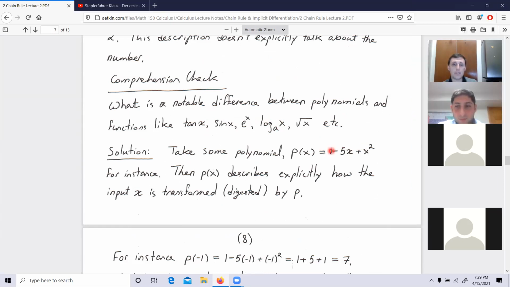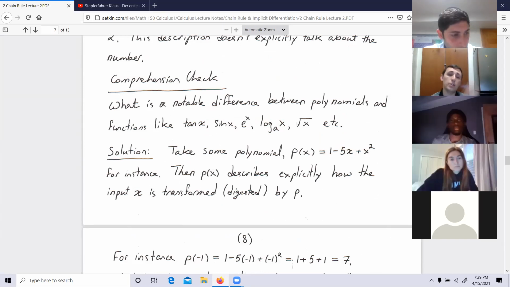So this means take a number, square the number, multiply the number by -5, and add 1 to it. I can see how to do this. Whereas if I say tangent of x, it's not directly clear what operations, how the x is digested to produce the result.